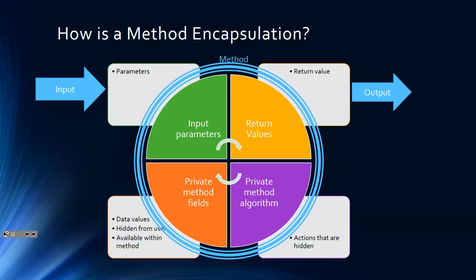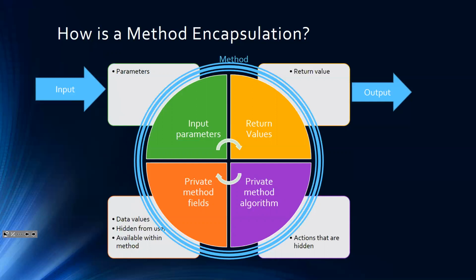Okay, so here is how a method is encapsulated. First of all, if we want input into a method, we set up parameters. Parameters can come from outside, and they come into our method. Also, if we want output from a method, we set up return values, and those would be output from our method.